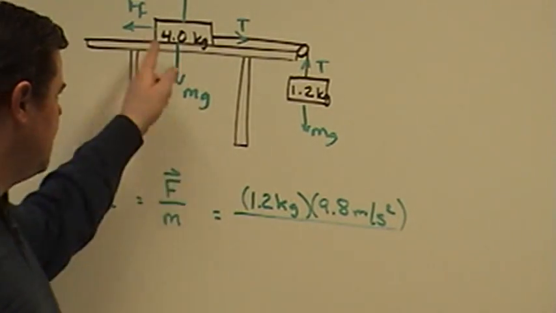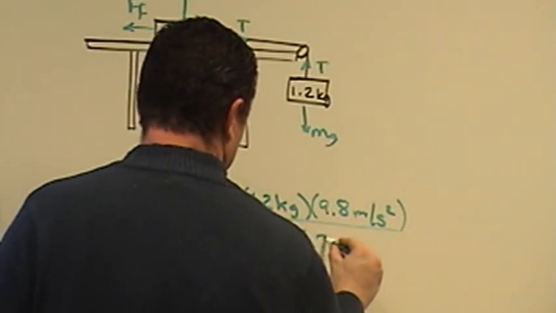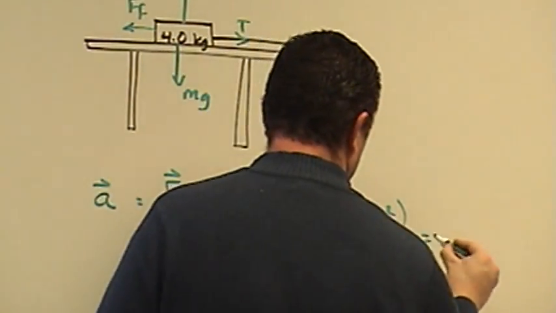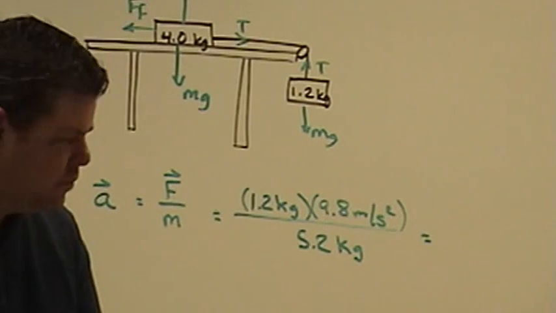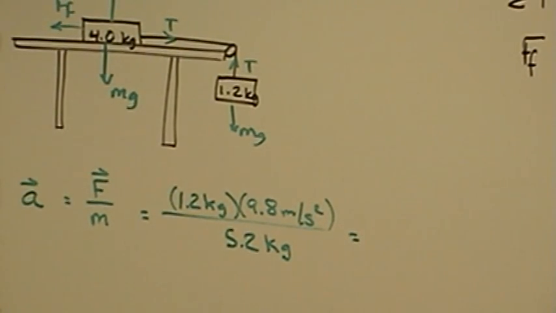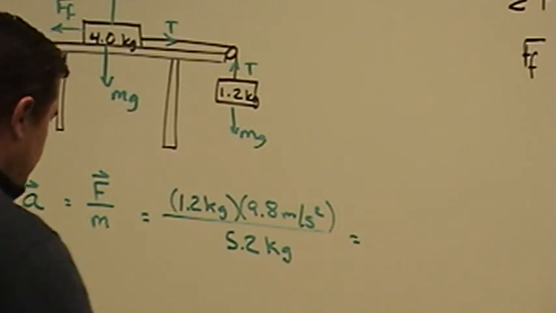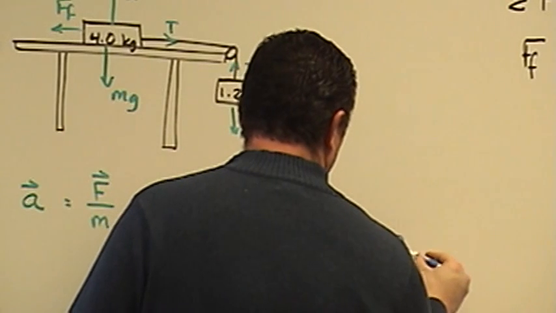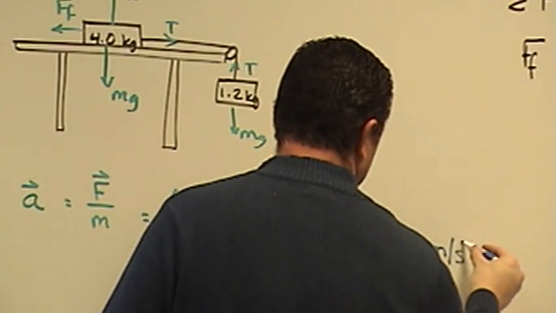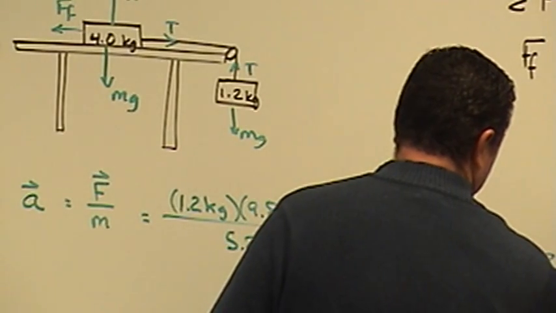Which mass accelerates, the 4, the 1.2, or both? Both. So you get about 2.26 meters per second squared, or if you want it in significant digits, it might be 2.3.